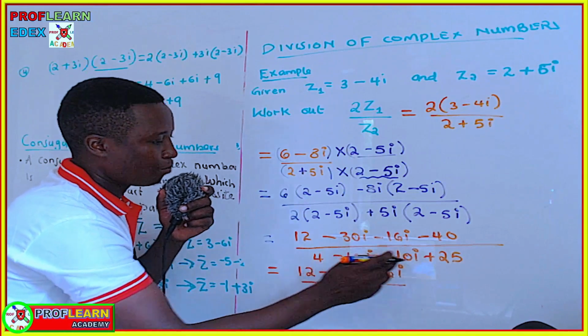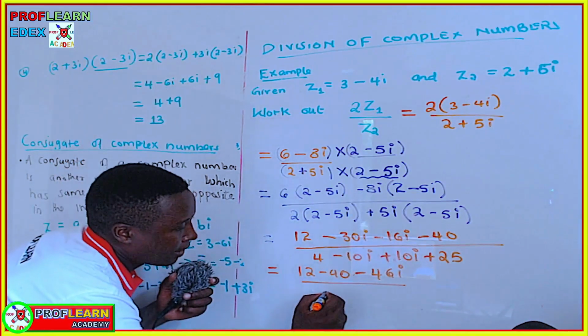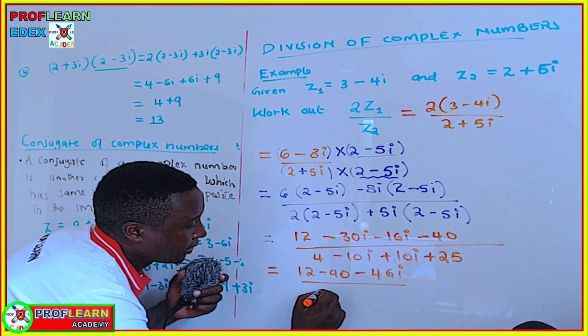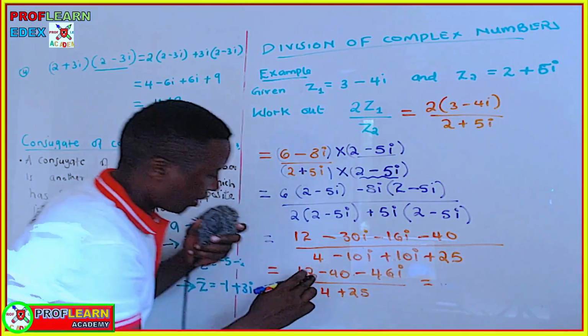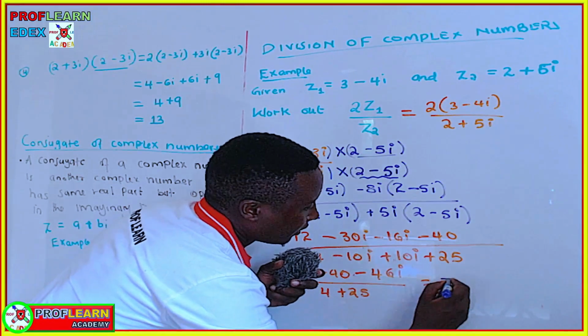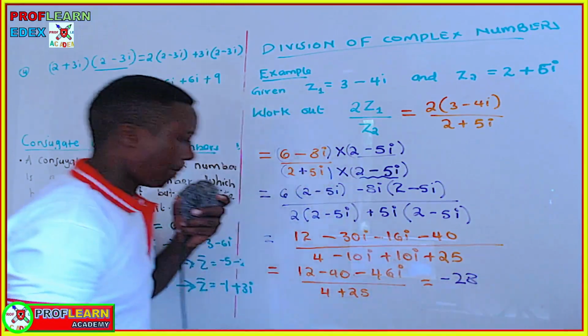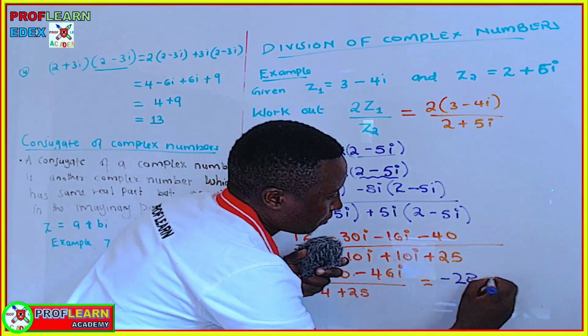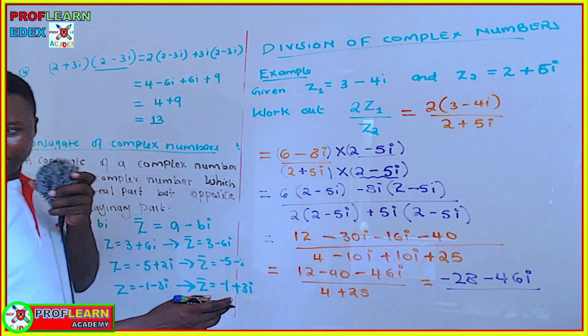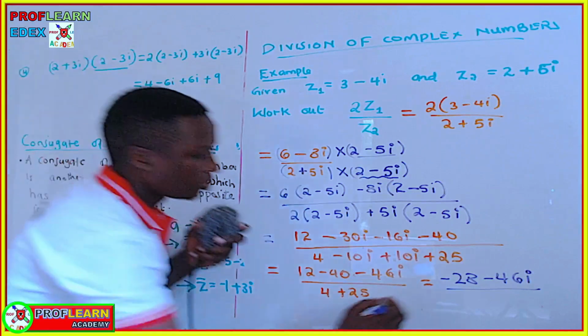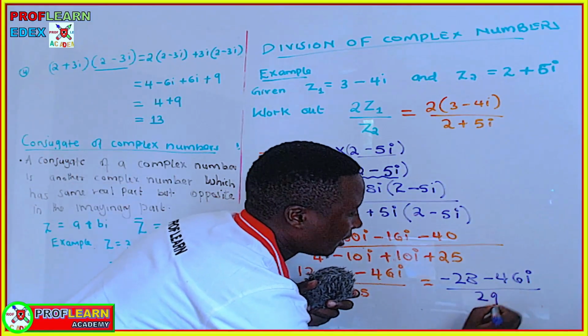The 10i minus 10i will cancel out, and I'm going to have 4 plus 25. So 12 minus 40 is going to give us negative 28, and this is minus 46i, and this other part that we have here is going to give us 29.